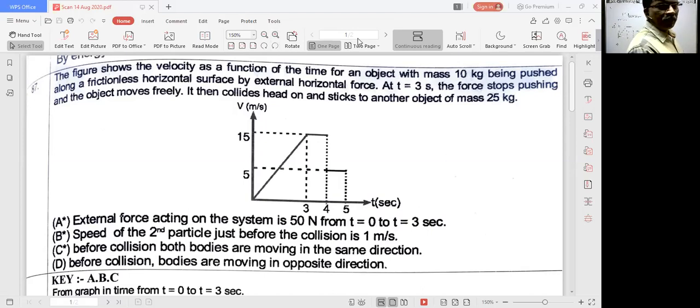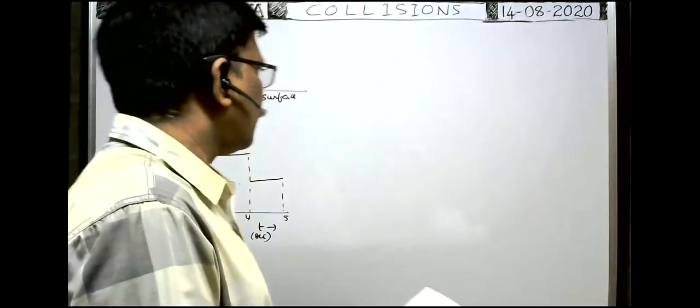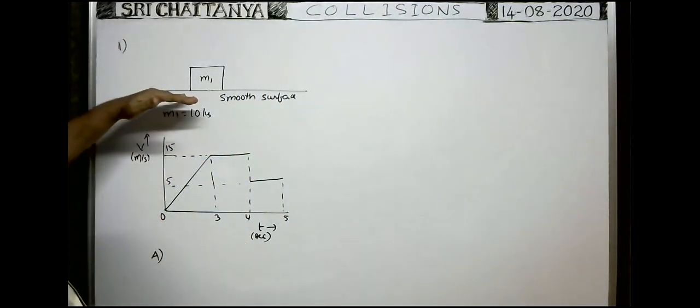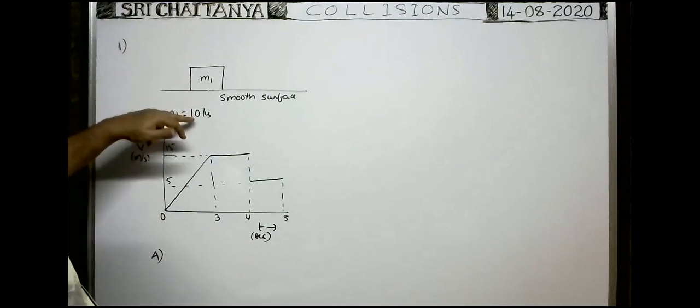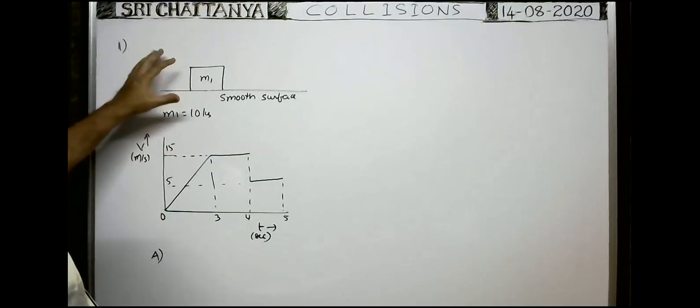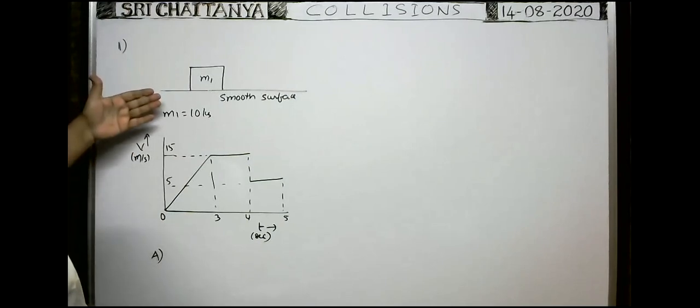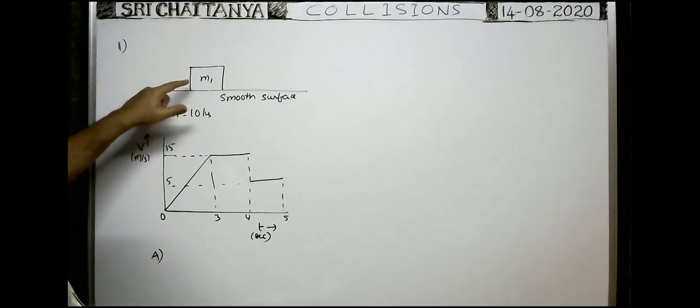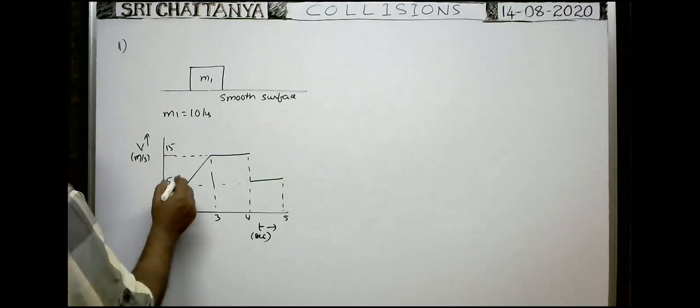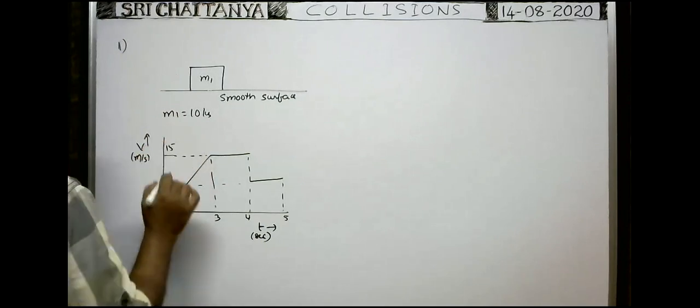Okay. Now, if we look at the board, you will see on the smooth horizontal surface, a block of mass 10 kg is kept, and it is pushed by applying a force. Because of that applied force, the velocity of this body m1 is given.